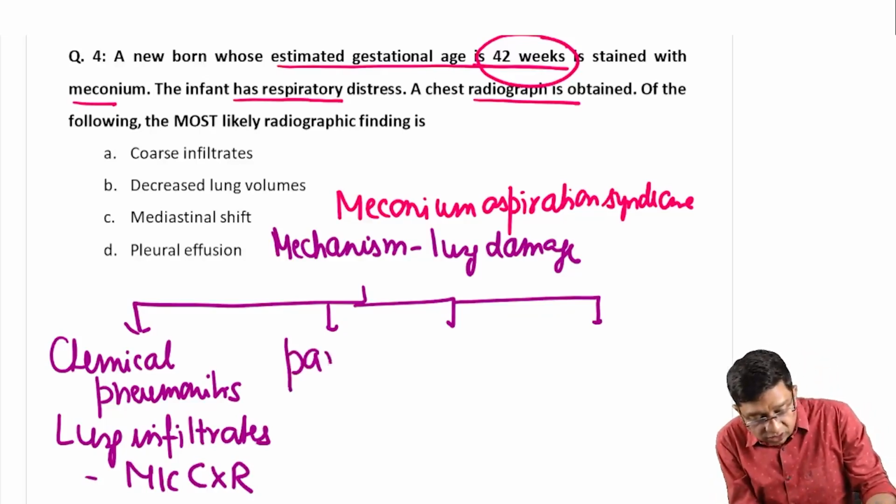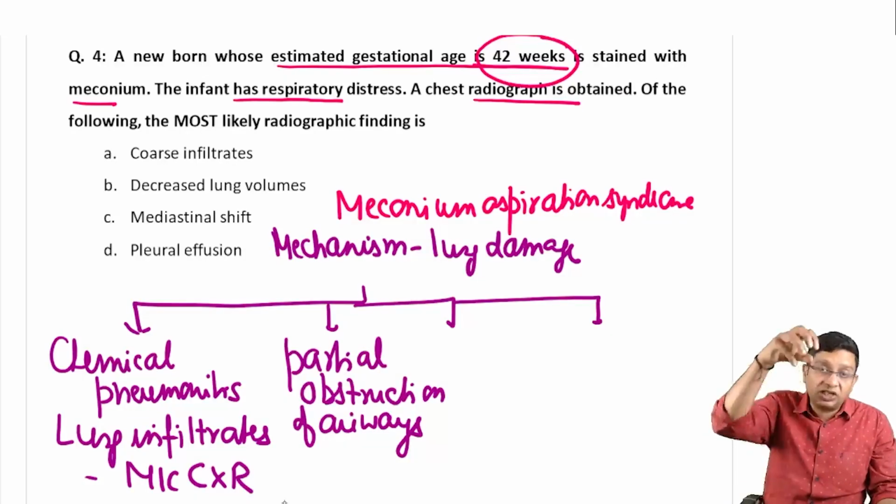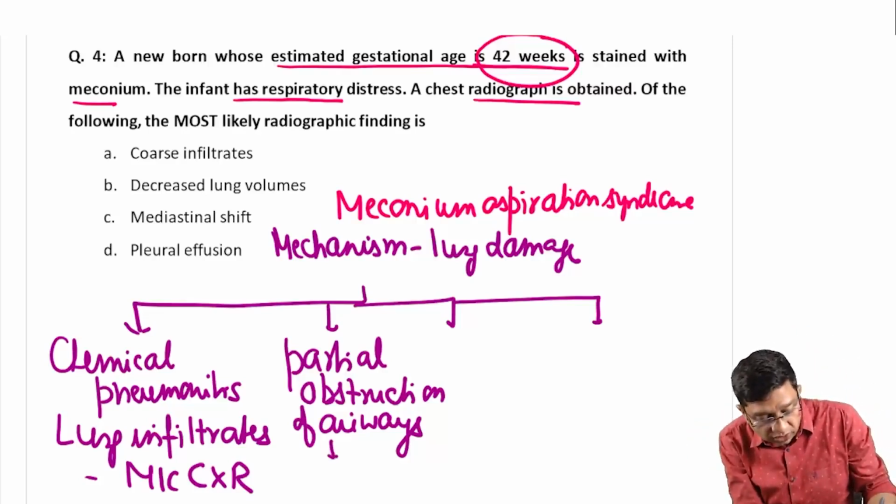Second, it can cause partial obstruction of airways. So what will happen? During inspiration, air will enter, but during expiration, air will not come out. So this will result in emphysema.